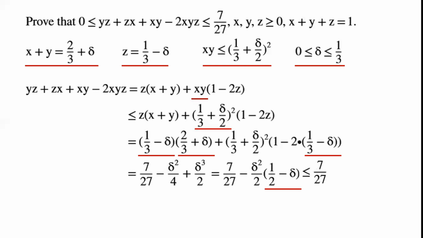So this algebraic expression must be less than or equal to 7/27. Thus, yz plus zx plus xy minus 2xyz is less than or equal to 7/27. The proof is now complete.